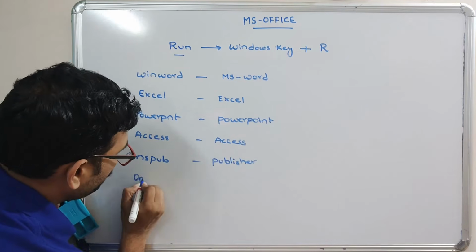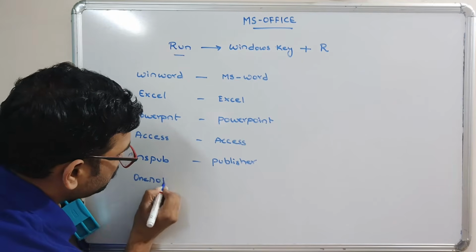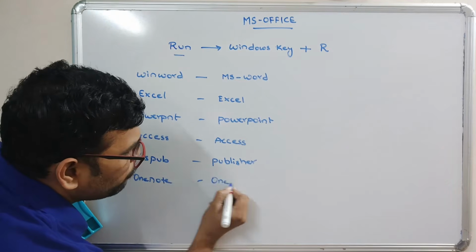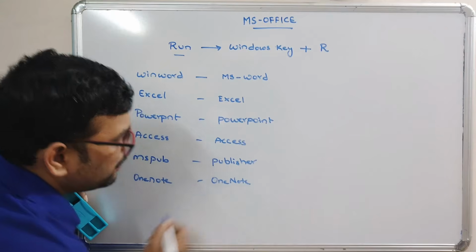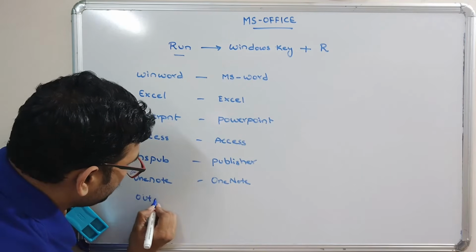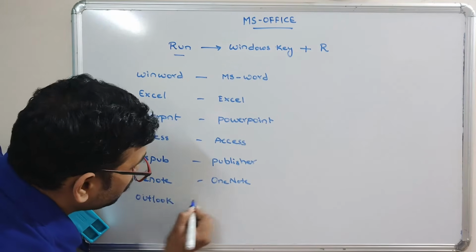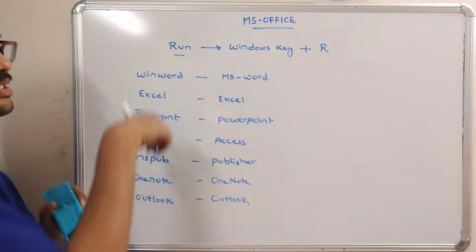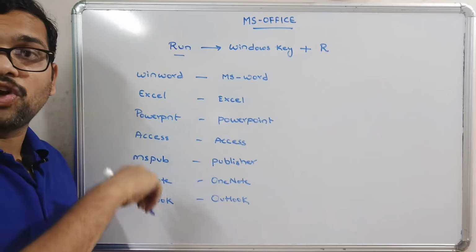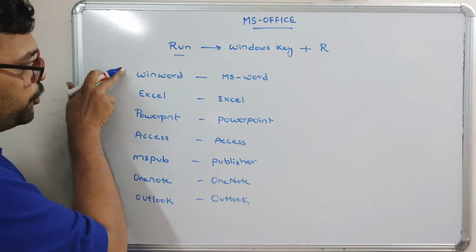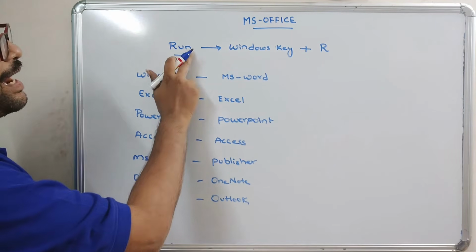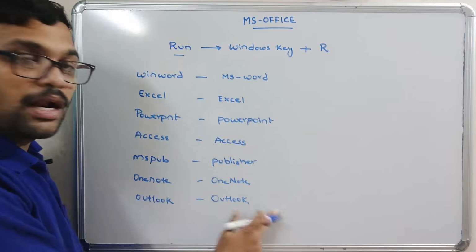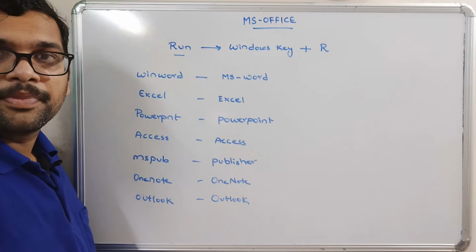And similarly OneNote, just type OneNote and it will be opened. Finally the Outlook, you can just type Outlook, and Outlook will be opened. So directly these are the shortcuts. If you use all these shortcuts in the run command, these particular applications will be opened, right?